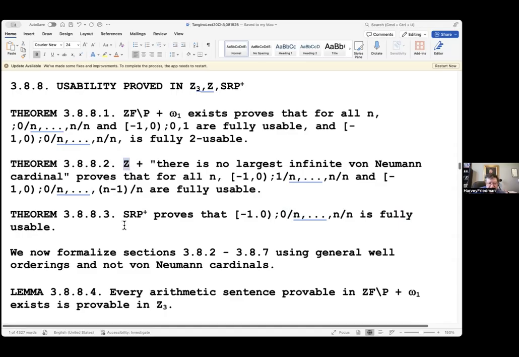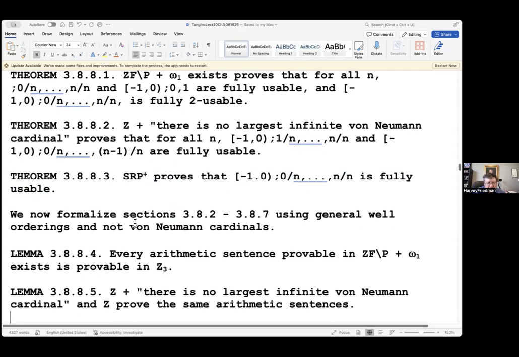SRP plus is the stuff we just did. That's the natural, obvious place because these subtle cardinals are part of SRPs. They're weaker than the stationary Ramsey property. They're consequences, maybe not immediate, but consequences.